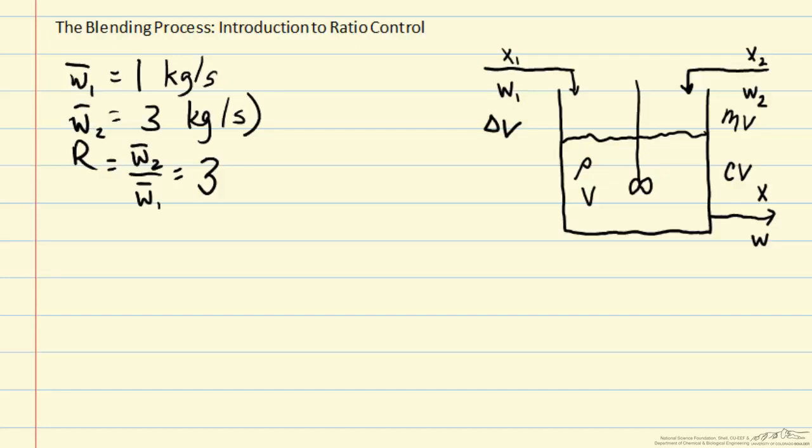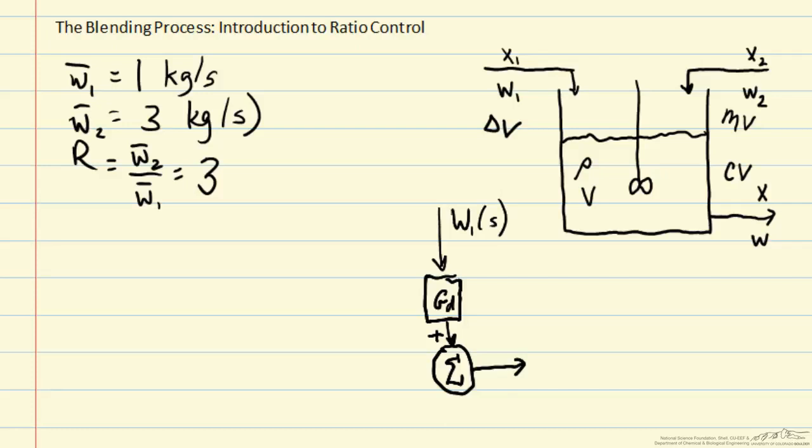Now let's consider a block diagram view of ratio control. So we'll have the effect of our disturbance variable, which we will refer to here as W1(s), and that will affect our process through transfer function GD, but the process will also affect our outcome.